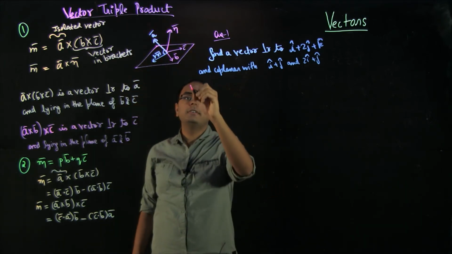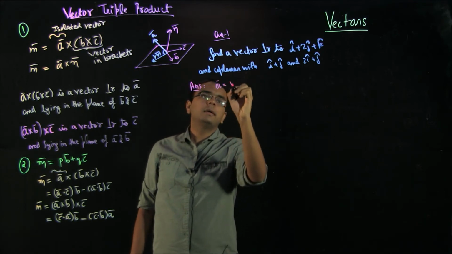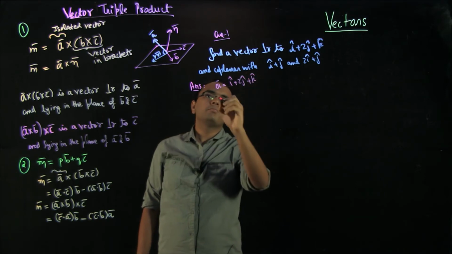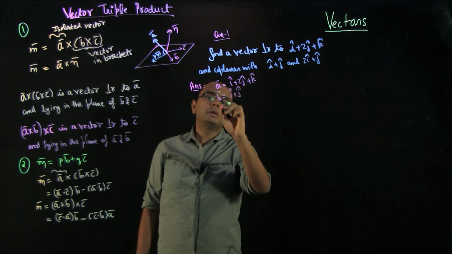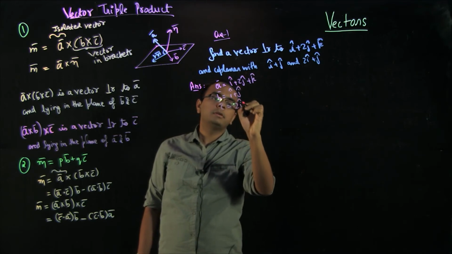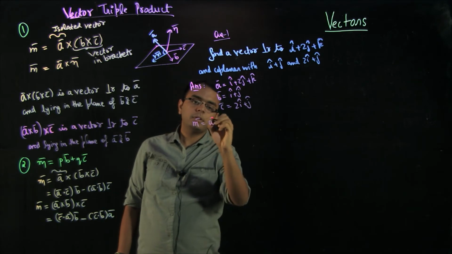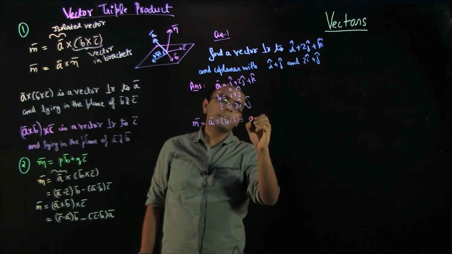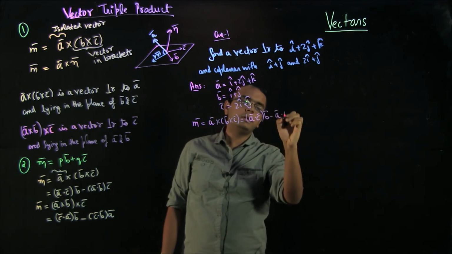This means that the isolated vector A is i plus 2j plus k, B is i plus j, and C is 2i plus j. So vector M is A cross (B cross C), which is A dot C into B vector minus A dot B into C vector.